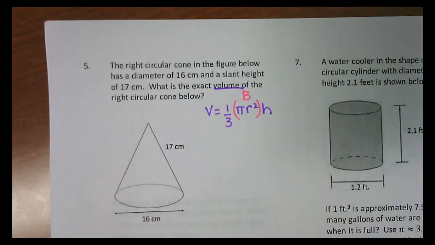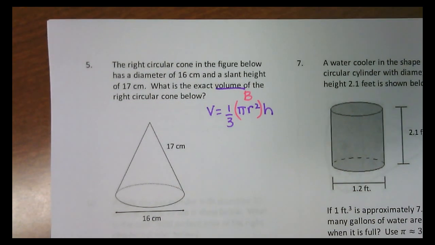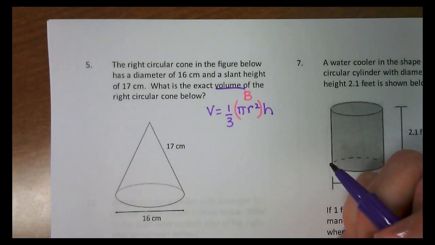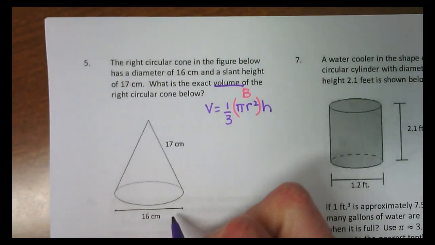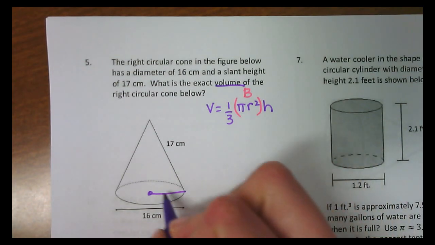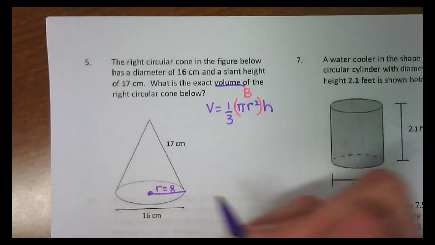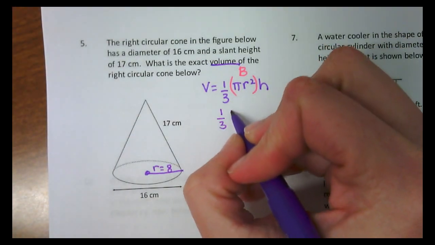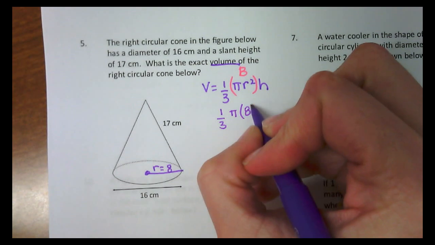Okay, so that's how I filled those pieces in. I don't have a radius, I have a diameter. A radius goes from the center out to the edge, so it's half of the diameter. So I know my radius is 8. So that's the first thing that I know I can fill in.